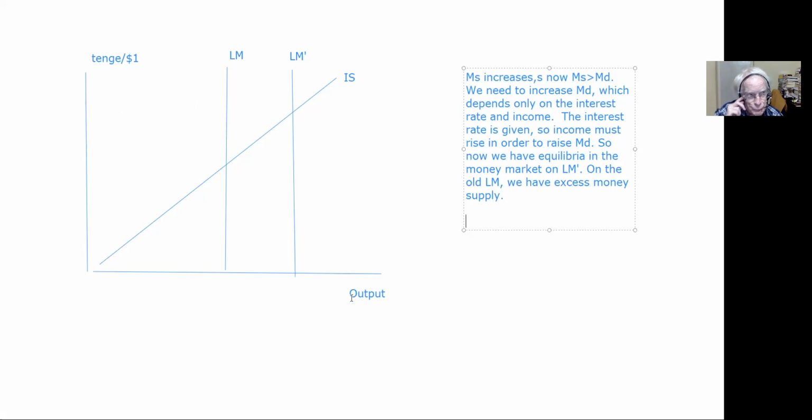It increases. The exchange rate increases. And what about output, or real income, as well? Output rises as well. Good. Why?